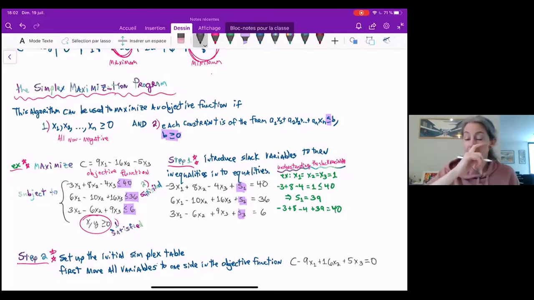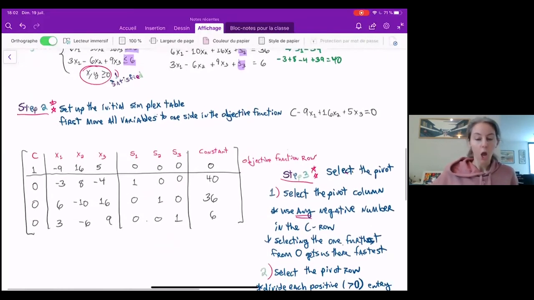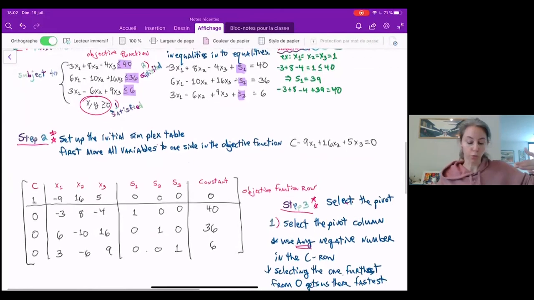Now, I'm going to take each of these equations, of which I now have 4, and I'm going to stick them in an augmented matrix. So I've already done that for us. Let's take a look at this augmented matrix. Notice the first row of my augmented matrix is the objective function. Now I've separated that from the other rows of the matrix with a line, just to make it easier to keep track of what's happening inside the matrix.